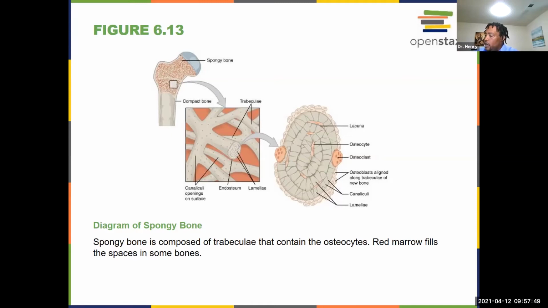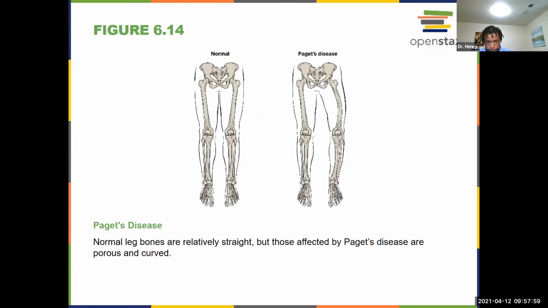Okay. So the skeletal system plays a key component in terms of our movement, right? So there are certain diseases that are going to be associated with our bone development. One of them is called Paget disease.